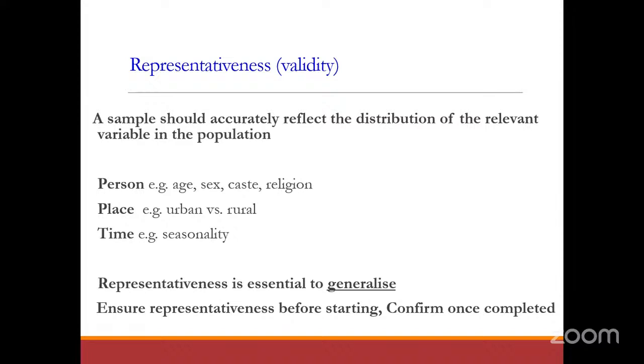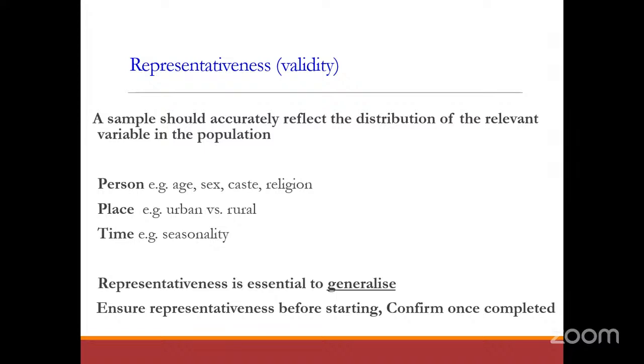If we are taking the person, there are different kinds of persons with different ages, sex, caste, religion, economic status, wealth status, occupational status, and it depends on their health status, their place, whether it is urban or rural, and time.